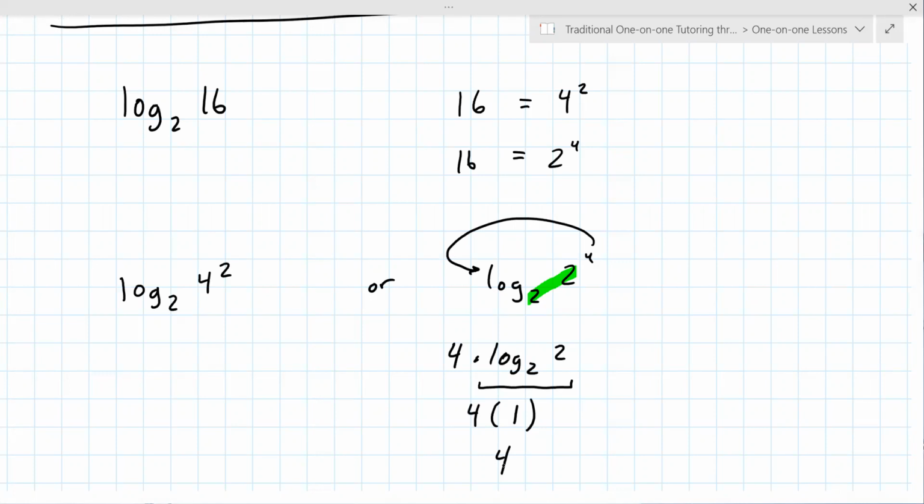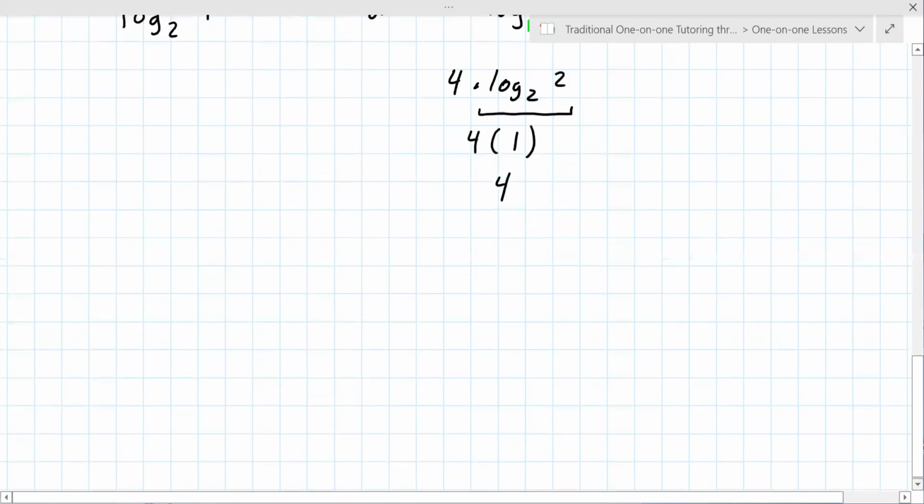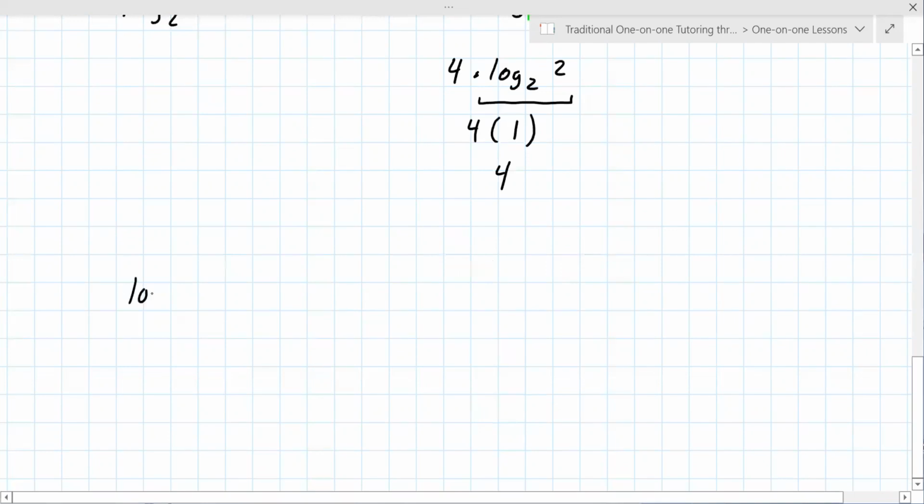So what happens if you have a problem where both the numbers don't match? Yeah, that's kind of where we're going here. Let's say it's log base 3 of 5 squared, or 25. Let me make it 25. That's probably a better way to start. So if it's log base 3 of 25, you can say this is really log base 3 of 5 squared.